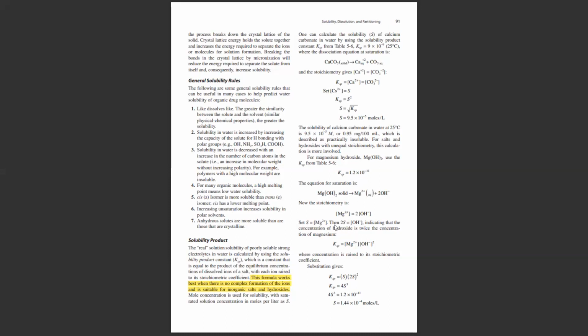I think they're just saying, okay, maybe we go through it together and see if we've understood. So, one can calculate the solubility S of calcium carbonate in water by using the solubility product constant KSP, which is 9, at 25 degrees Celsius, where the dissociation equation at saturation is that.